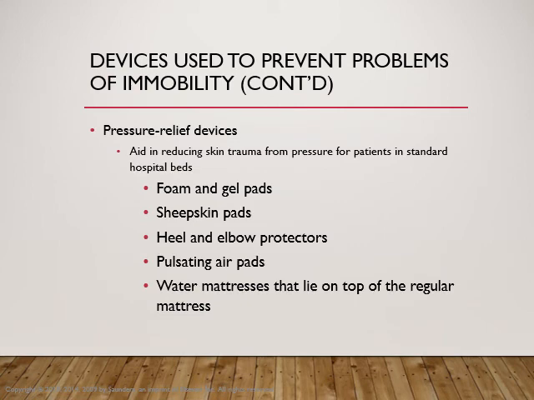Devices used to prevent problems of immobility continued. Pressure relief devices aid in reducing skin trauma from pressure for patients in standard hospital beds. Foam and gel pads, sheepskin pads, heel and elbow protectors, pulsating air pads, water mattresses that lie on top of the regular mattress.